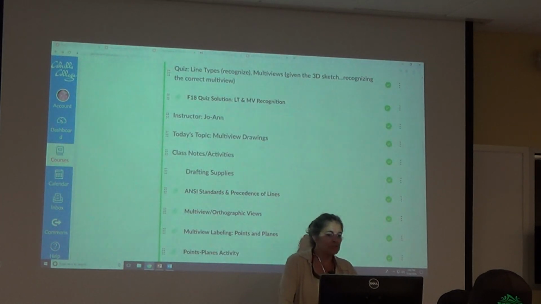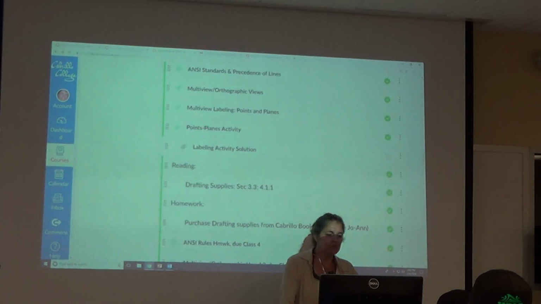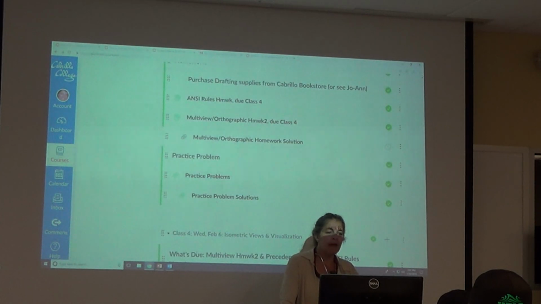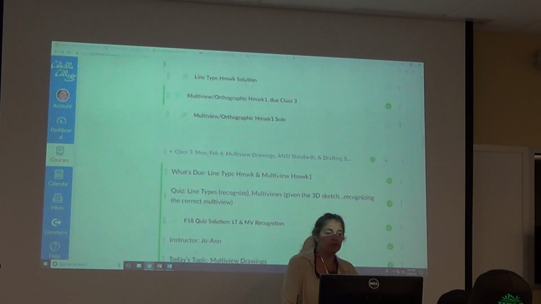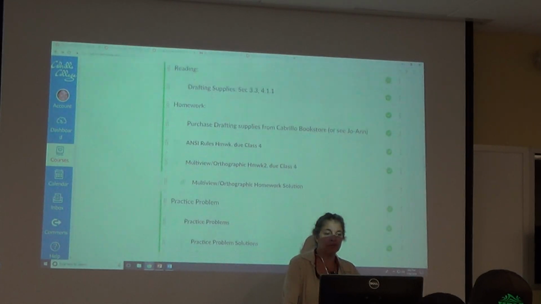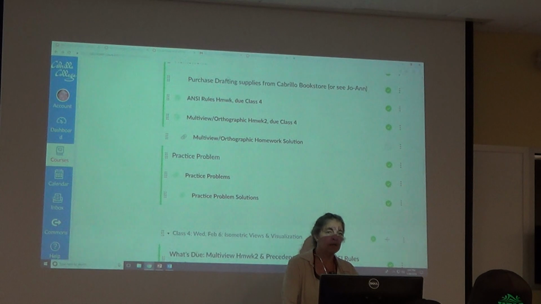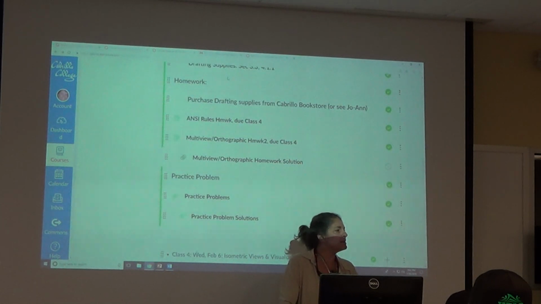And then the topic on class 3 is multi-views. Here are the class notes. Here's the reading homework. And once we start doing more stuff, I'm giving you more samples to do, so look in class 3. Am I going too fast? In class 3, I have homeworks, but notice I have practice problems too. Some of you, when you did the homework, you got it. Some of you need more practice.